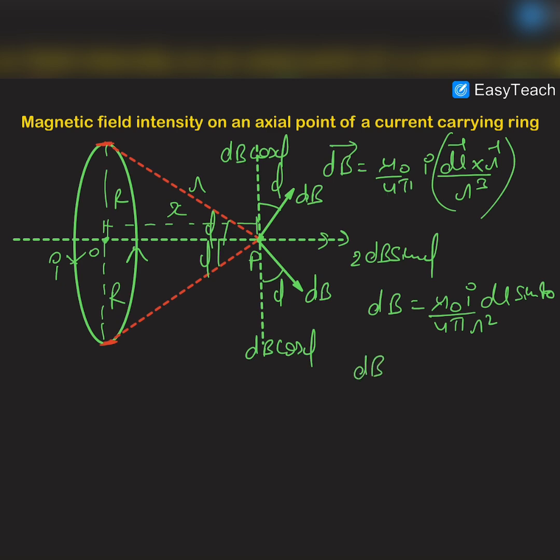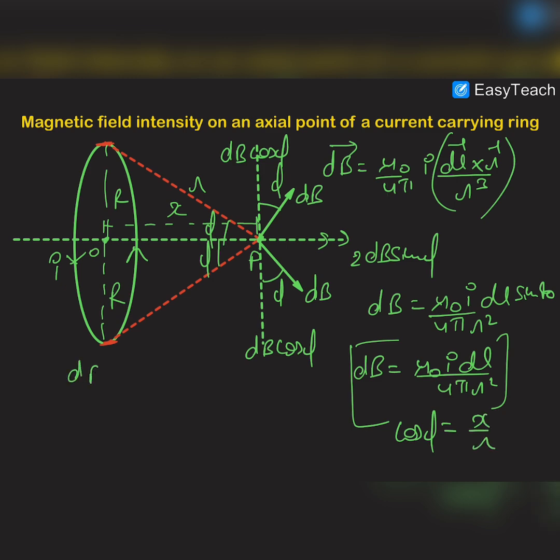So dB will be equal to mu naught I dl by 4 pi r square, and cos phi will be equal to this distance x upon r. So cos phi will be x upon r.